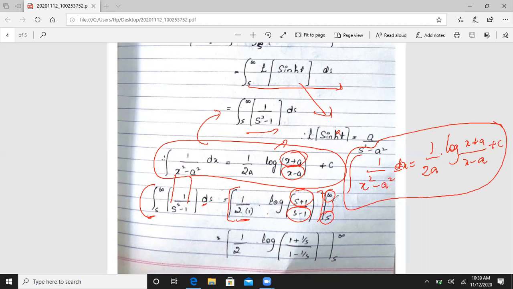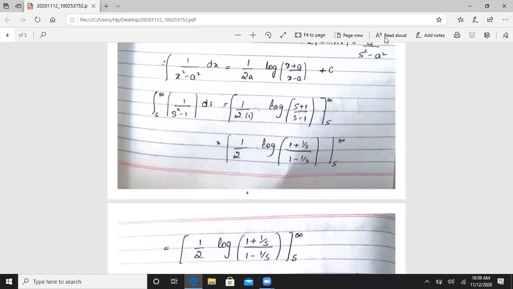First we simplify this function because we want to neglect the infinity terms: 1 by 2 log of s plus 1 divided by s minus 1.